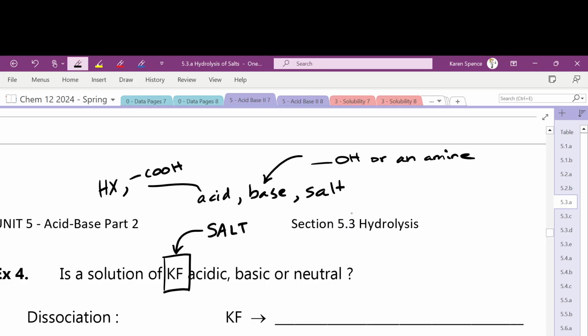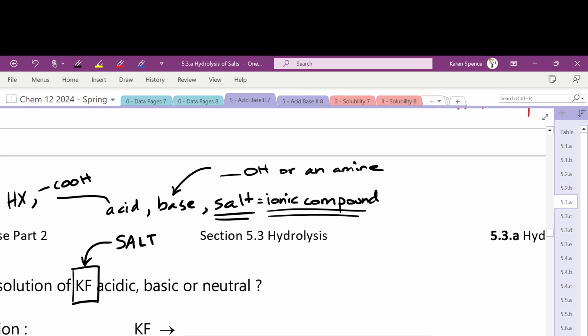And what does it mean to be a salt? What's another word that means exactly the same thing as salt? A salt is an ionic compound. And the only little difference is it's an ionic compound that does not contain hydroxide.